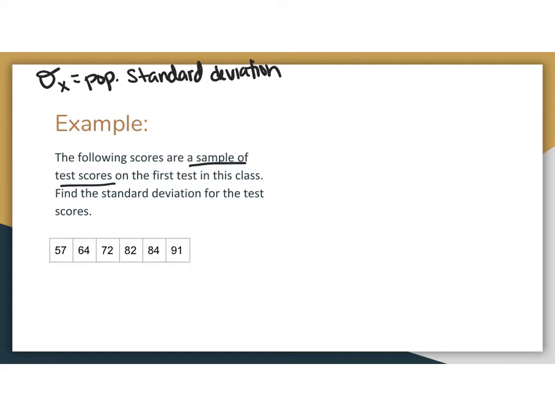The population standard deviation looks at every value. The sample standard deviation, which is what we're finding right now, only looks at a sample. So we have 6 values here. So our sample standard deviation is called S of x. This is what we call the sample standard deviation. Now, to find the sample standard deviation, again, we're going to use the definition of standard deviation.